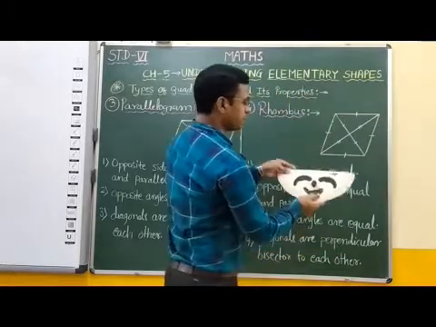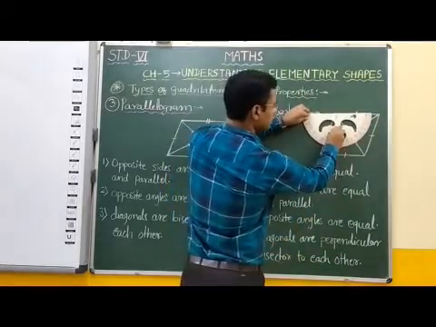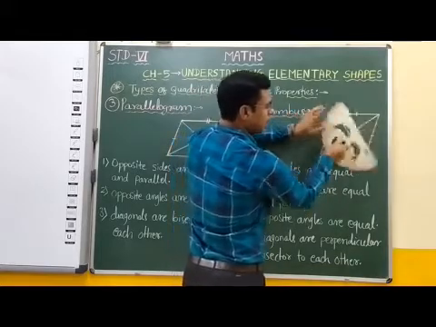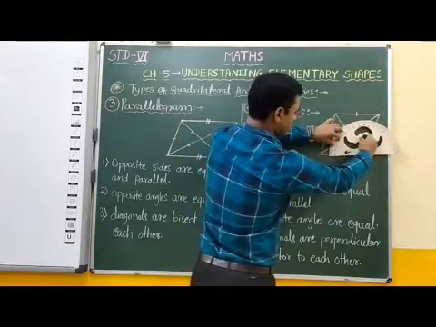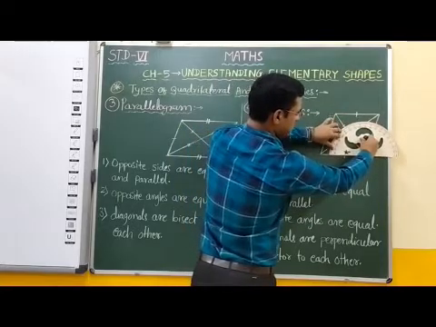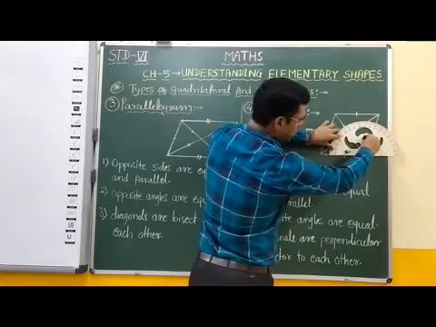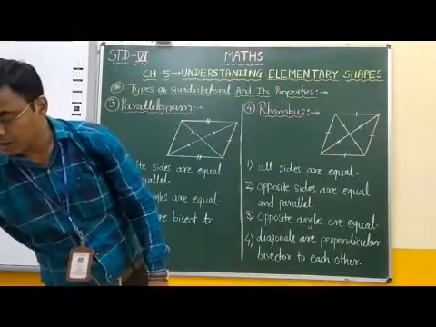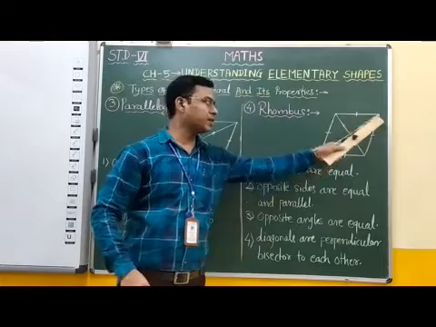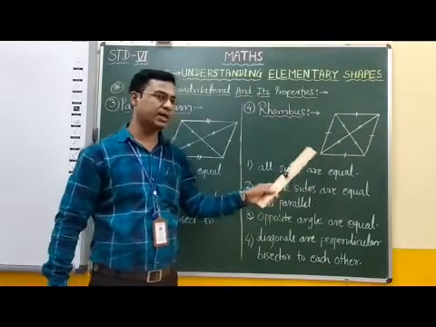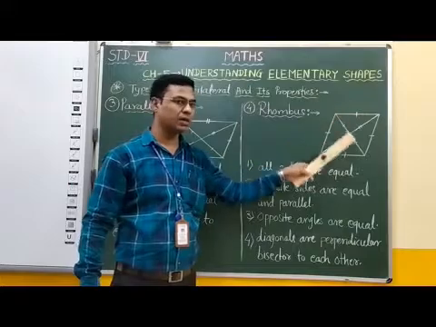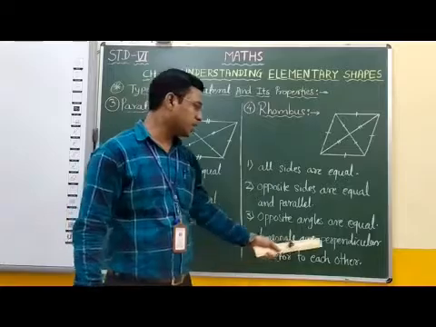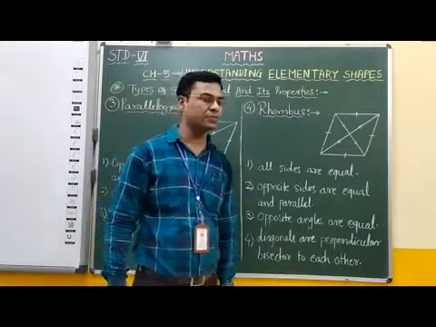Now this angle is 110 degree and its opposite angle is also 110 degree. Therefore, we can say that in a rhombus opposite angles are equal, or the measure of opposite angles is equal.